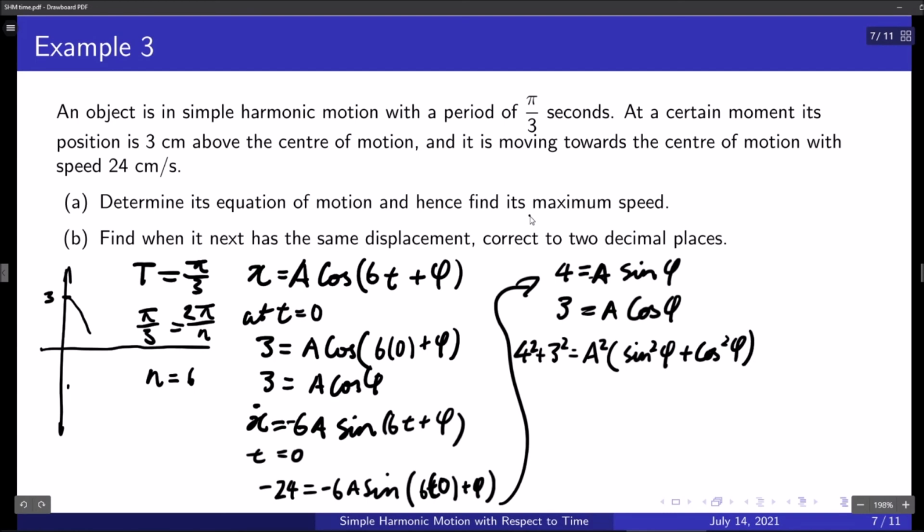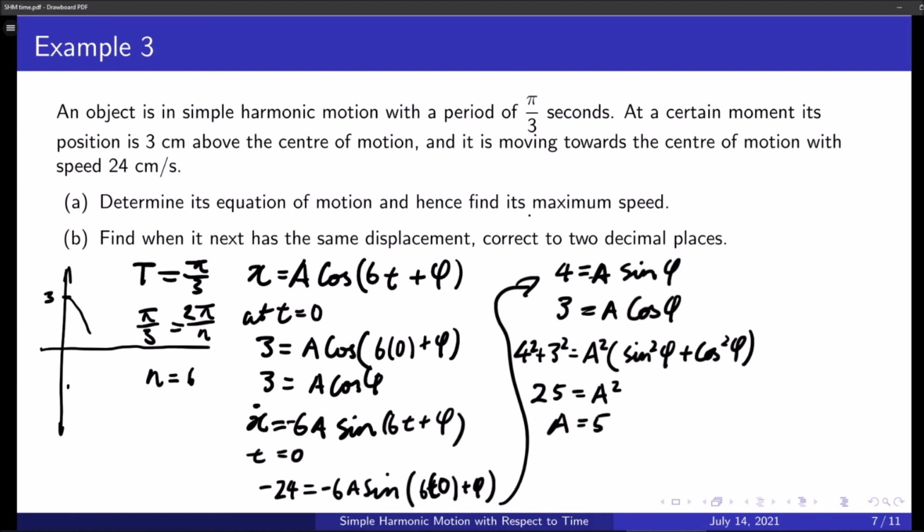You may recognize the trig identity: this is 1. So we end up with 16 plus 9, 25 equals a squared. So a equals 5. Negative 5 we don't have to worry about because amplitude is an absolute value.